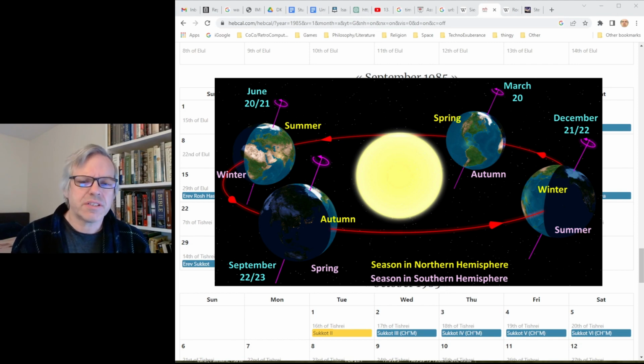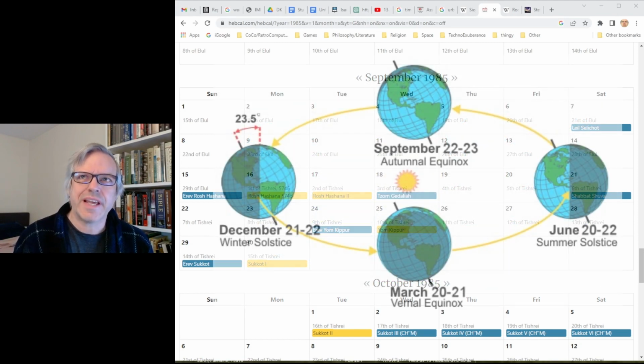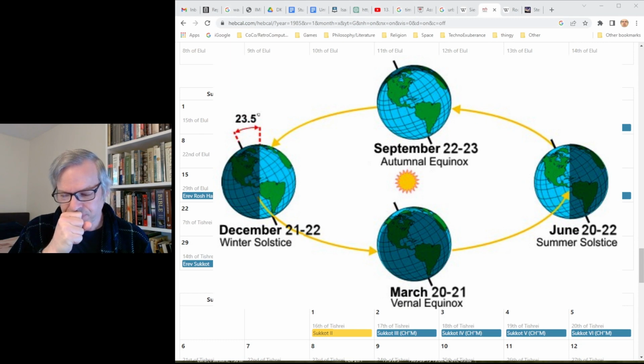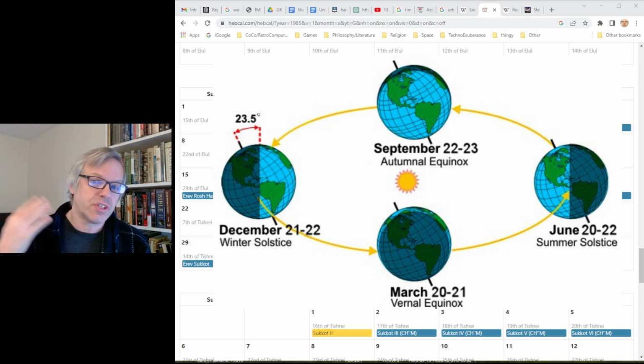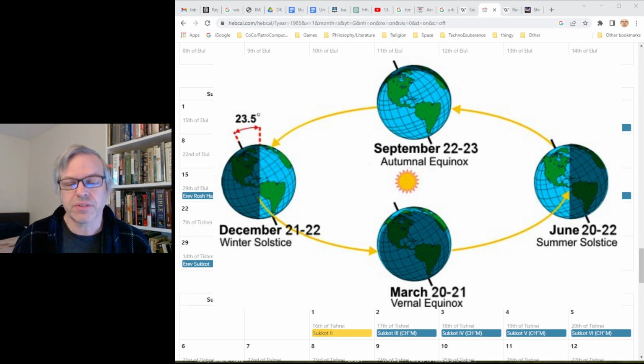We have the equinoxes, when the day and night hours are the same. And then the summer solstice is the longest day of the year in terms of daylight hours. That's when the Earth's northern axis is pointing to the sun.